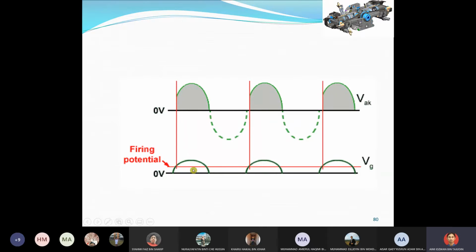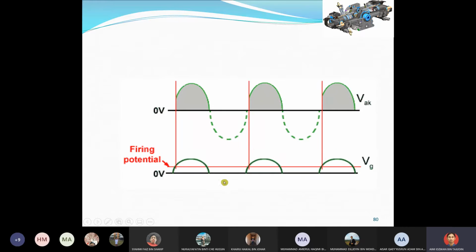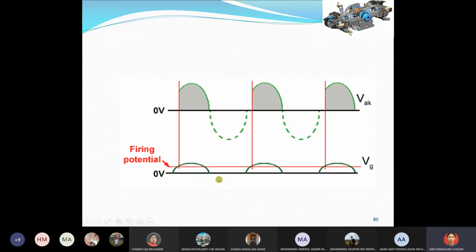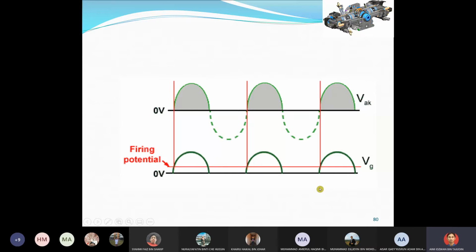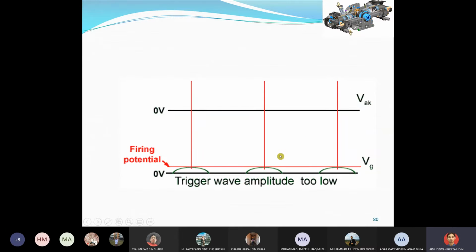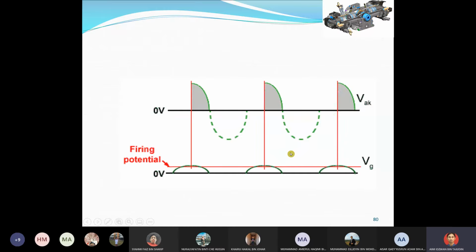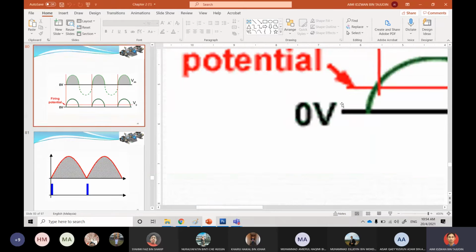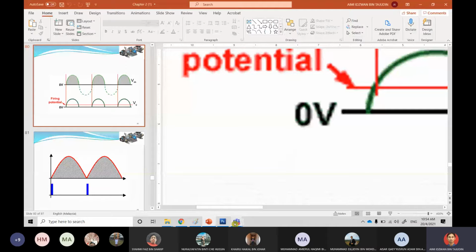But when our signal is less than the firing potential, they say here trigger wave amplitude too low. Maksudnya switching kamu langsung tidak on. Okay, langsung tidak on lah. Okay, nanti kita cuba tengok satu simulation. Okay, for me better saya tunjuk sekejap. Okay, I just want to show you apa sebenarnya VAK lah.